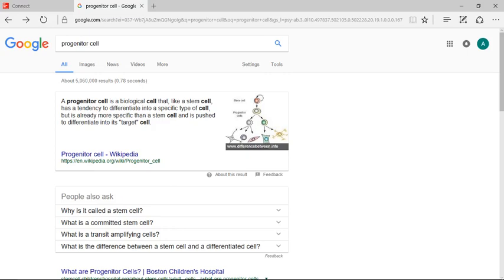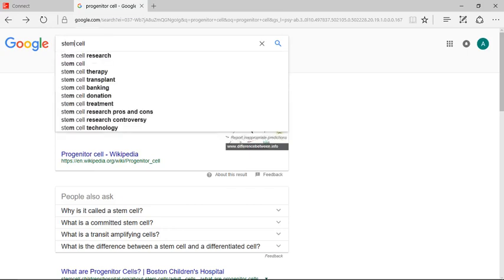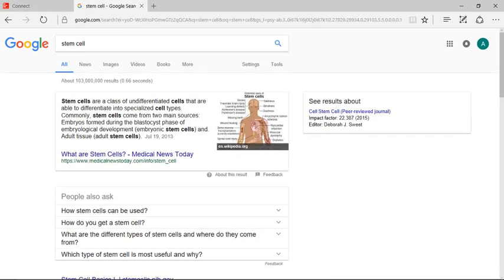So I think to completely comprehend that, you need to know what a stem cell is. So, why not, right? What is a stem cell? Stem cells are a class of undifferentiated cells that are able to differentiate into specialized cell types.